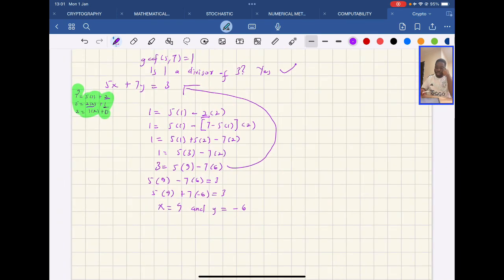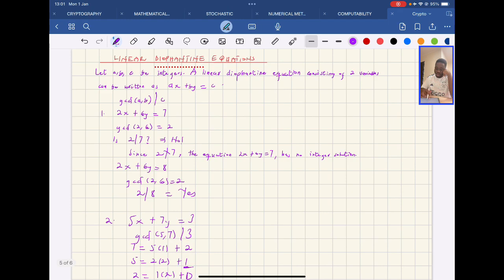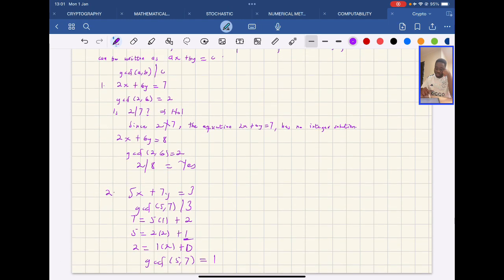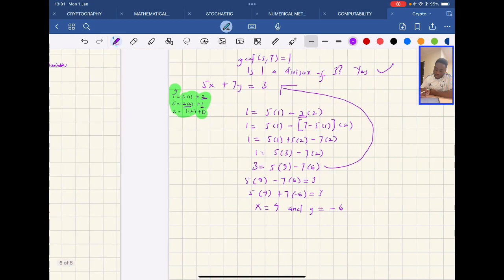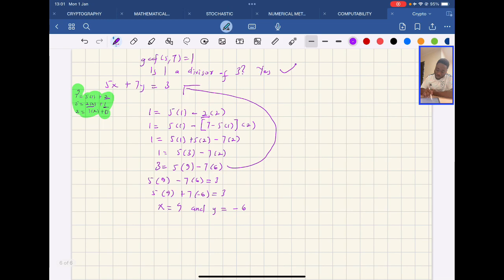So this is how to find a solution to this problem, 5x plus 7y is equal to 3. First of all, you have to check if the GCD will divide 3. If it's a divisor of 3, you go through the Euclidean algorithm. Then after going through the Euclidean algorithm, you have to solve it backwards. Don't worry, we are going to solve another question.